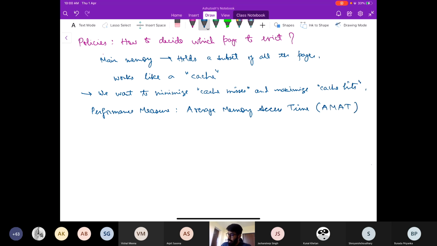And what is the formula for it? It's quite intuitive and very simple. It's Tm plus Pmiss times Td, where Tm is the cost, that is the time taken, to access physical memory.